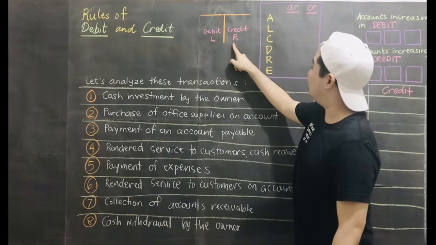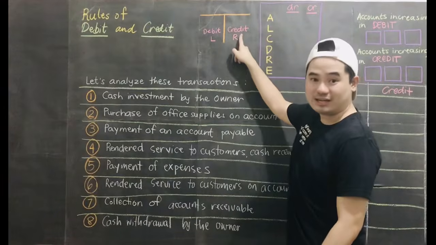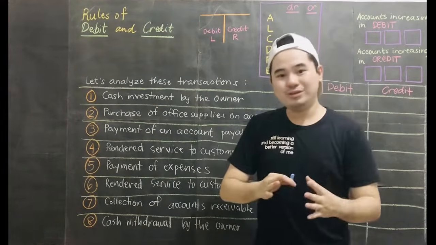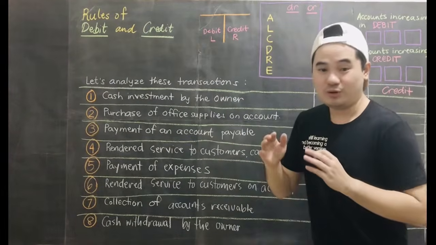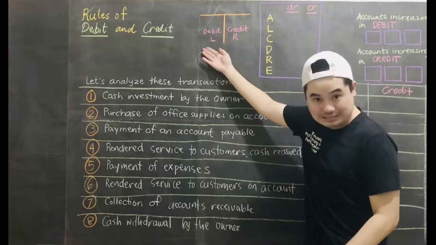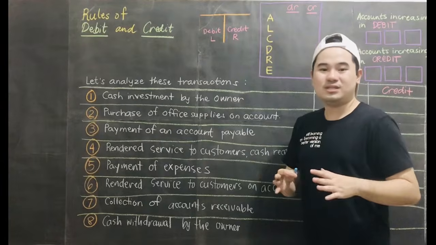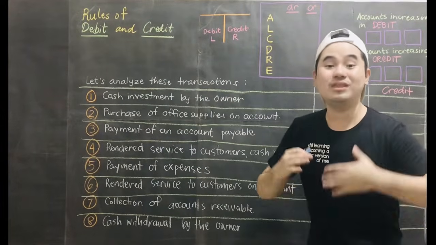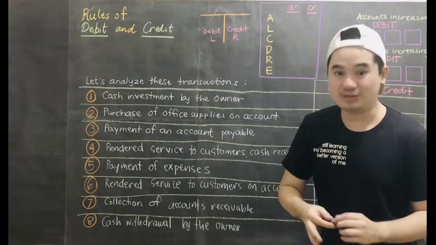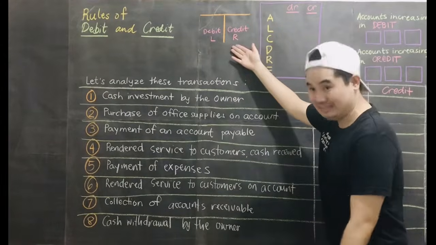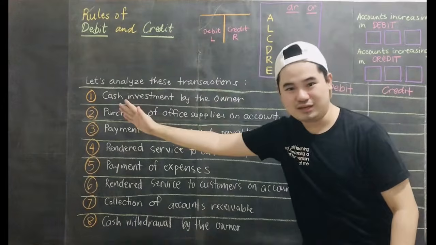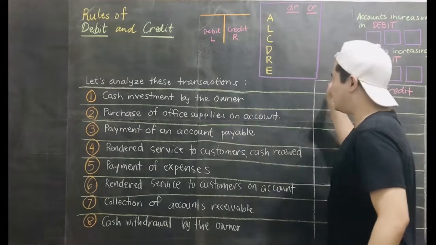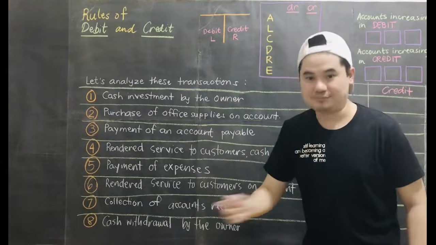The right side of an account is called the credit side. So when we say you put an amount on the left side of the account, we mean debit. And when we say put an amount on the right side of the account, that is what we call credit. It's that simple. Left side of the account, debit. Right side of the account, credit.